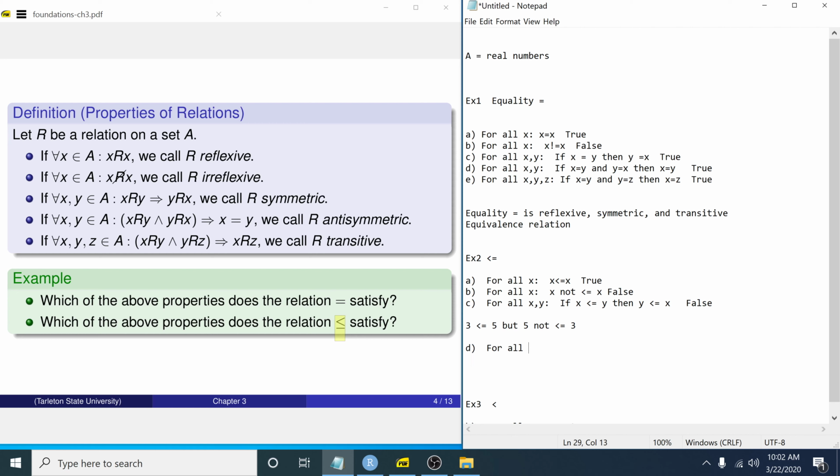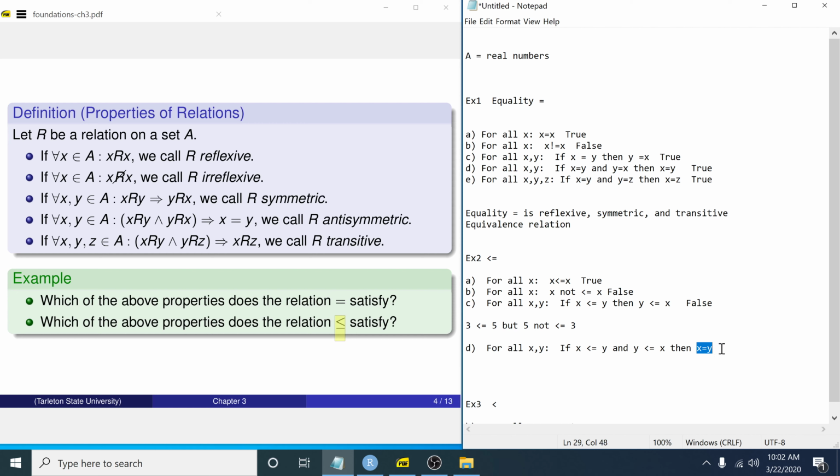So for all x, y, is it true that if x is less than or equal to y and y is less than or equal to x, then x is equal to y? Let's think about this for a second. We're dealing with two real numbers with the property that x is less than or equal to y and y is less than or equal to x.